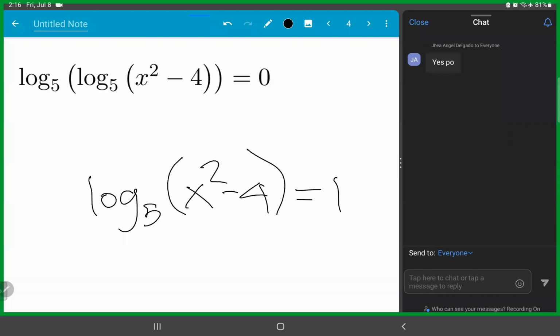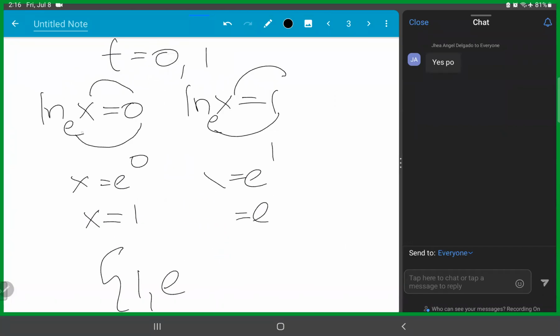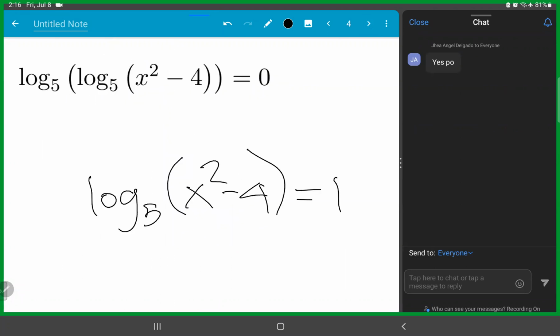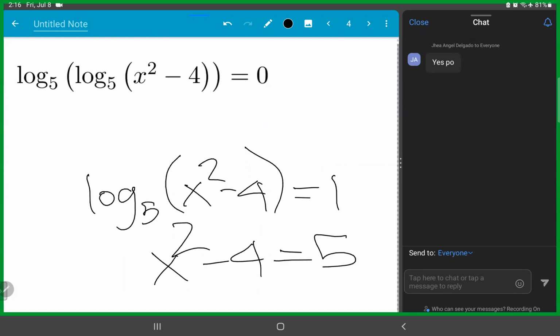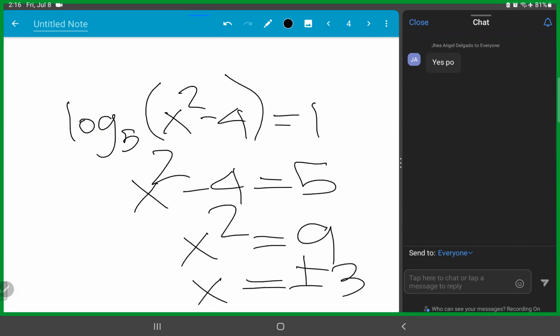We've done something like this a while ago. Only one logarithm is left. So we do that one more time. 5 to the 1 equals x squared minus 4, or x squared minus 4 equals 5. And so it's just now quadratic. x squared equals 9. Two possible answers, plus or minus 3.